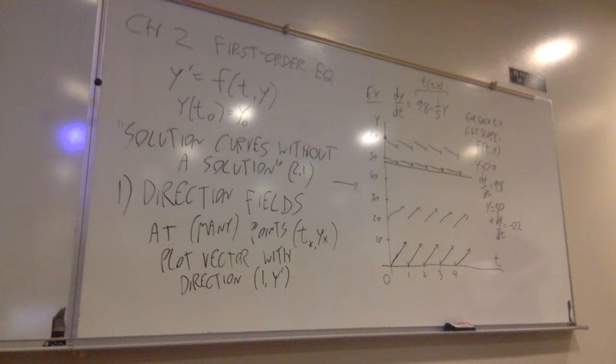So direction fields give you a way of kind of eyeballing not just how a solution behaves, but how many different solutions behave, depending on what the initial condition is. You'll see that different initial values can affect the behavior of a solution quite drastically.